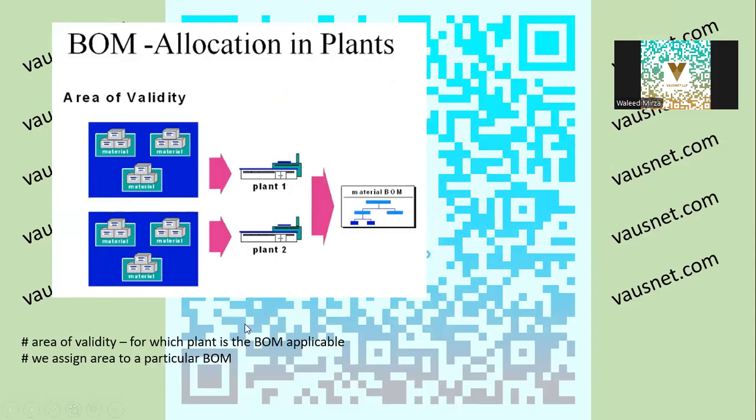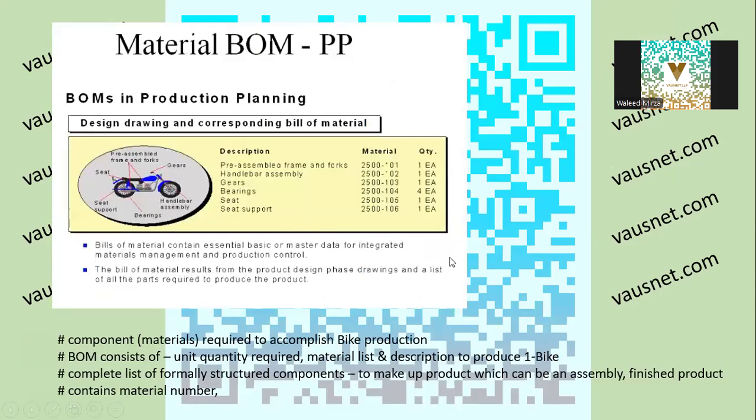The plants are the area where your material BOM is valid. So in production planning, what is a BOM? Basically, it has the material code and the quantities. You can also call it the bill of quantity, BOQ, and BOM.